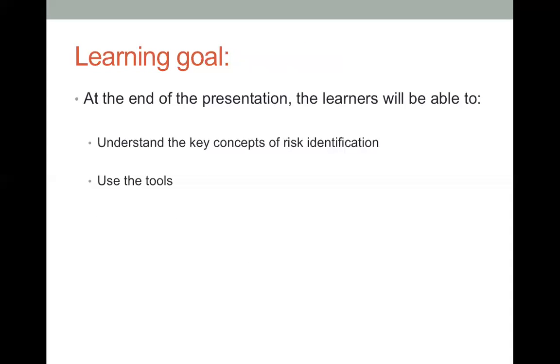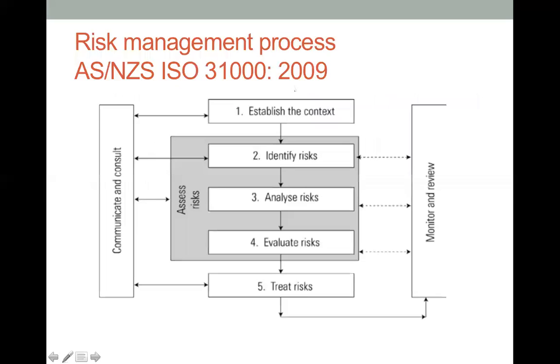All right, now. For this module, these are a couple of learning goals. Okay, understand the key concepts of risk identification and use the tools to identify risks. Okay, let's have a look at it. There you go.